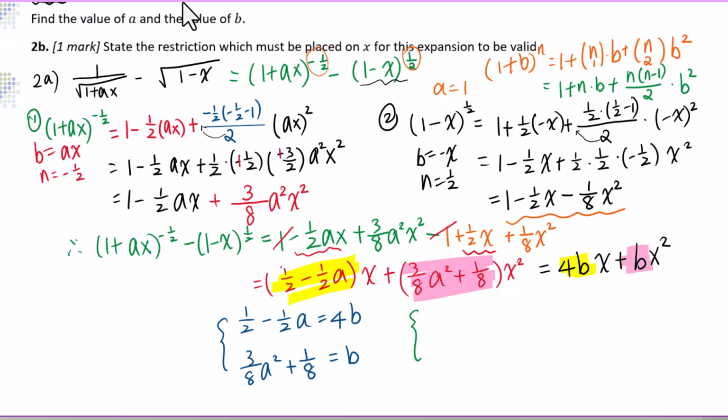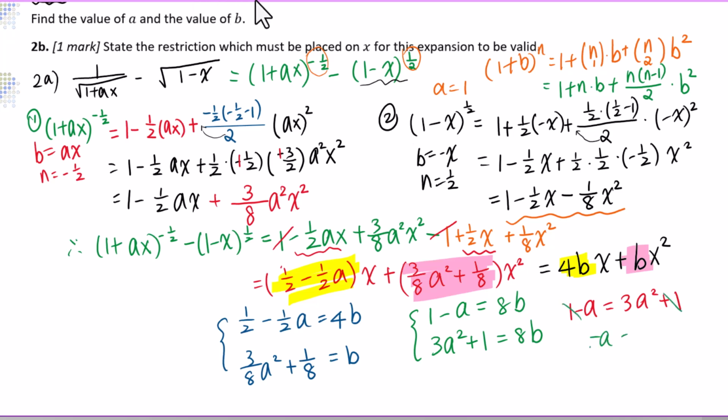Times 2 both sides, 1 minus a equals 8b. Times 8 both sides, 3a squared plus 1 equals 8b. Both equal 8b, so we get 1 minus a equals 3a squared plus 1. Negative a equals 3a squared. Negative 1 equals 3a, so a equals negative 1 over 3.